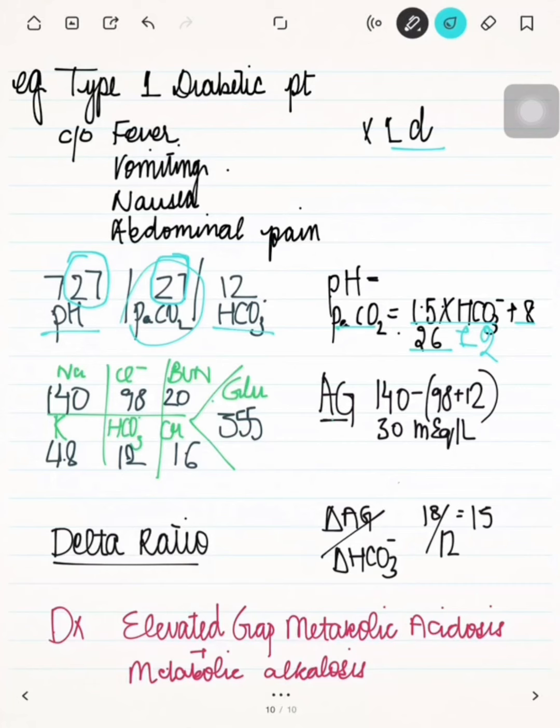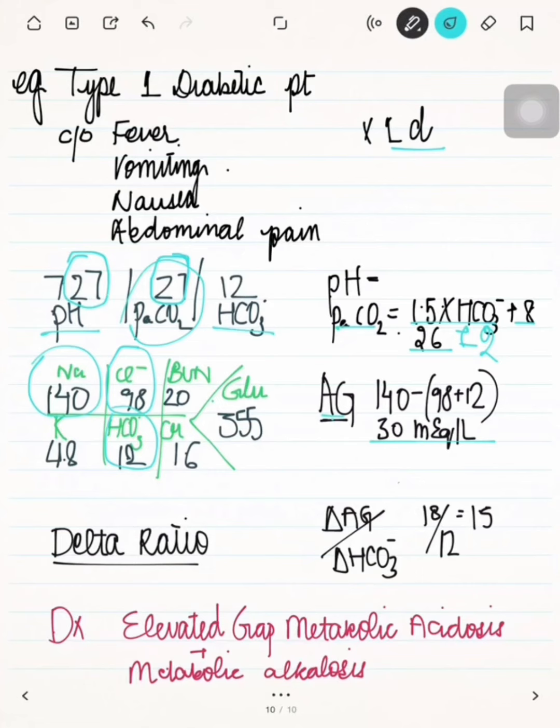Now we calculate the anion gap. Anion gap is sodium minus chloride plus bicarbonate, which is calculated as 30. Normal anion gap is 12. So measured anion gap of 30 is 18 more than the normal.